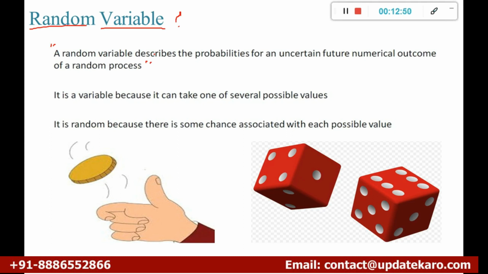Probability of a random process. So if I divide this term into two words, then it actually starts to make some sense to understand this entire terminology as a whole.